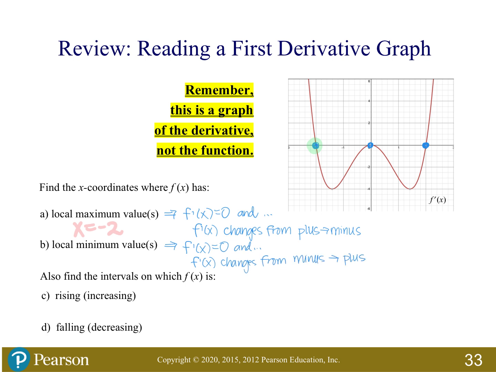Because that means the slope is changing from decreasing to increasing. And the only place that is happening is right here at positive 2. And so x would be equal to positive 2 for the minimum value.